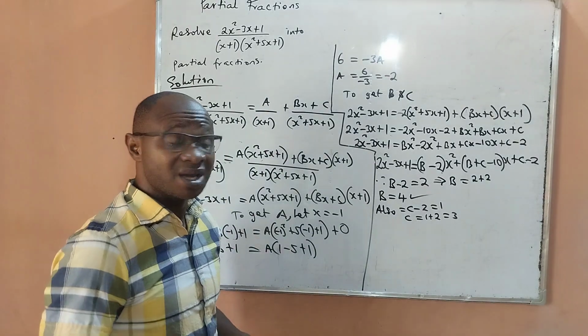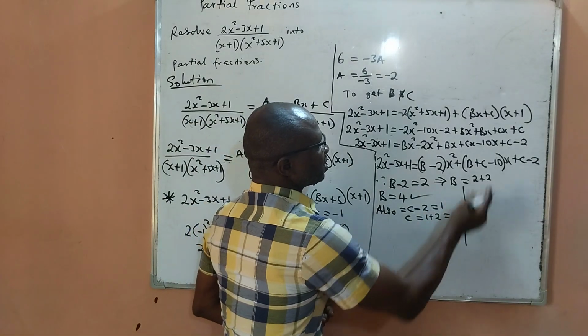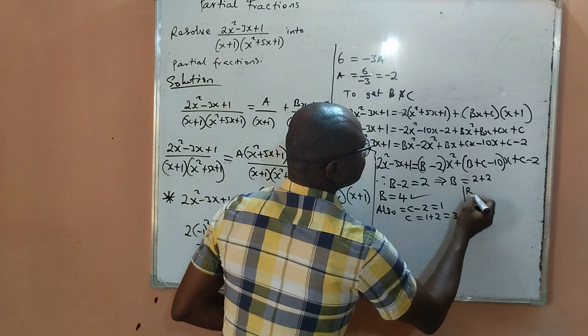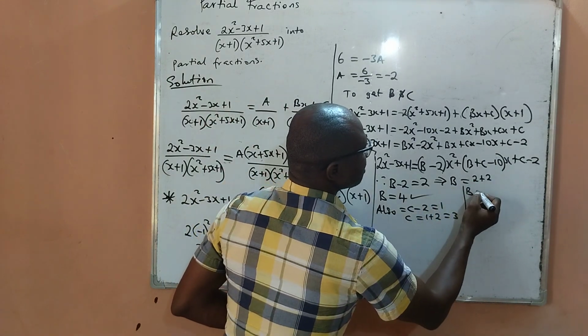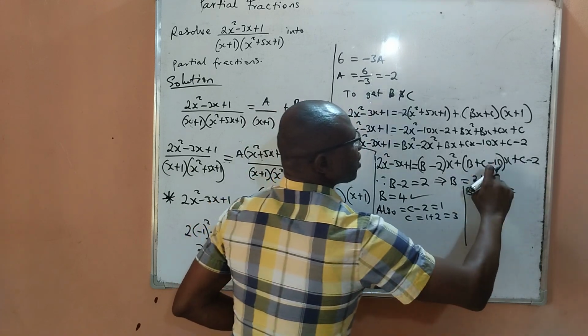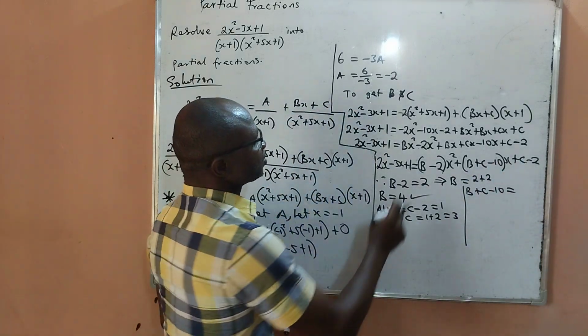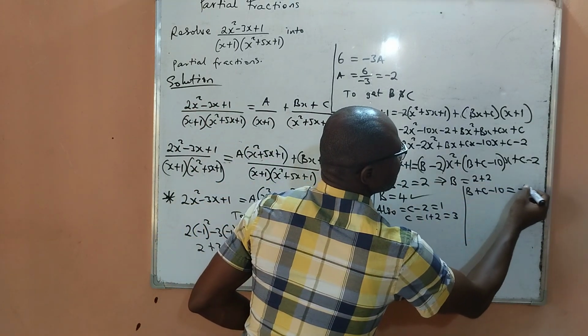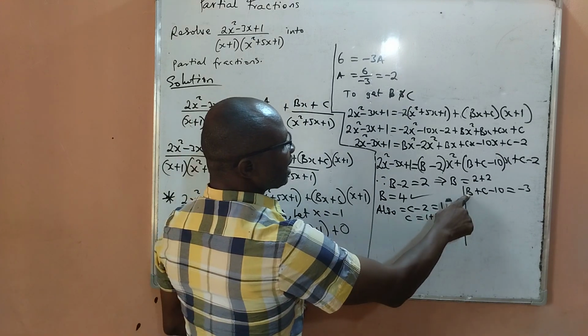I have gotten c. Another way you can get that c is taking the second one, where we also have c, which is b plus c minus 10, equal to the coefficient of x by the right hand side. By the left hand side, the coefficient of x is just negative 3. But I have gotten b.